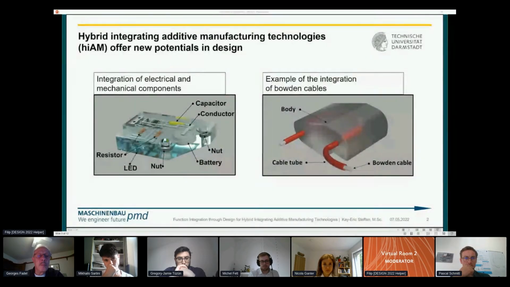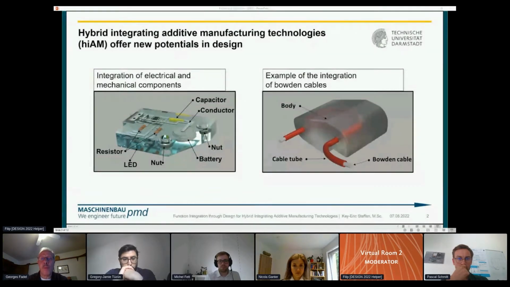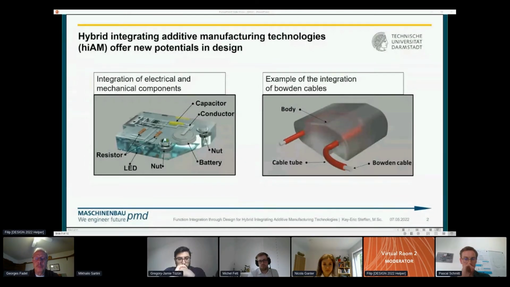At the Institute of Product Development and Machine Elements, a high AM is currently being developed using the fused filament fabrication process. The process can integrate electrical and mechanical conductors, for example Bowden cables, in a geometrically flexible way. A possible integrated part is shown in the picture on the left-hand side.